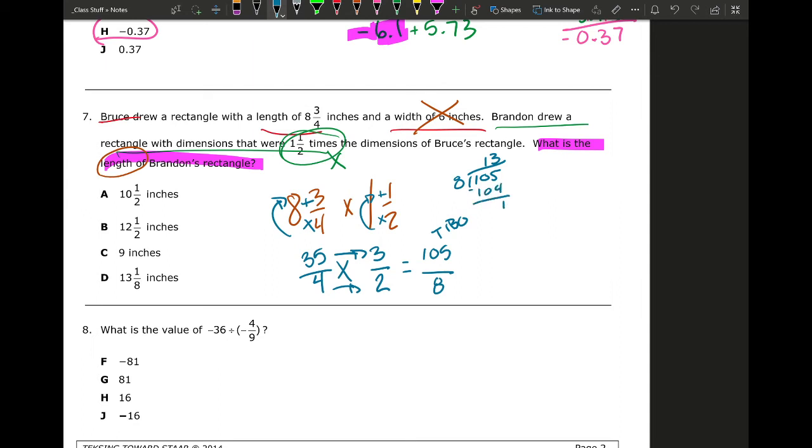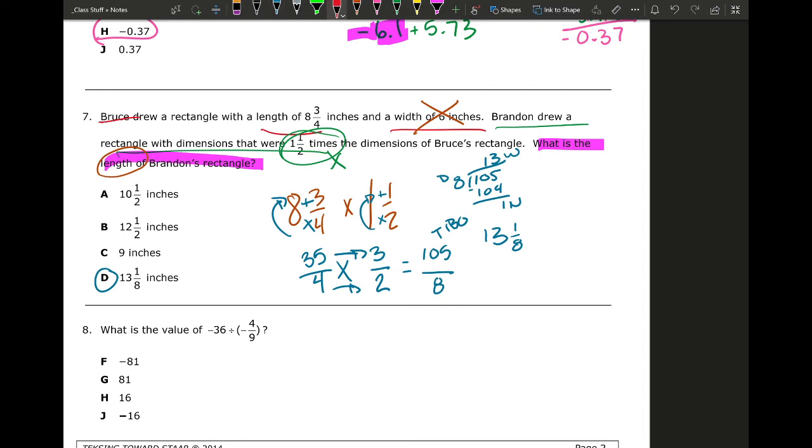You subtract, you get a remainder of 1. So you stop right there. You're going to use these three numbers that we have outside to make the new mixed number. So this is going to be the whole number, the numerator, and the denominator. So it's going to look like 13 and 1/8. That's it.